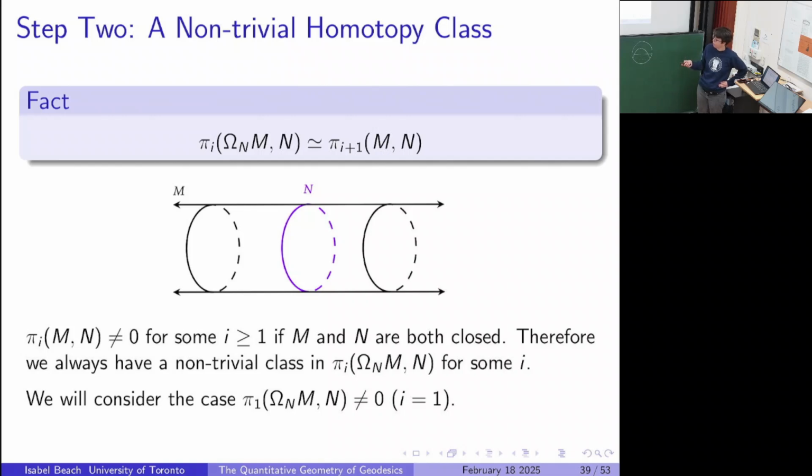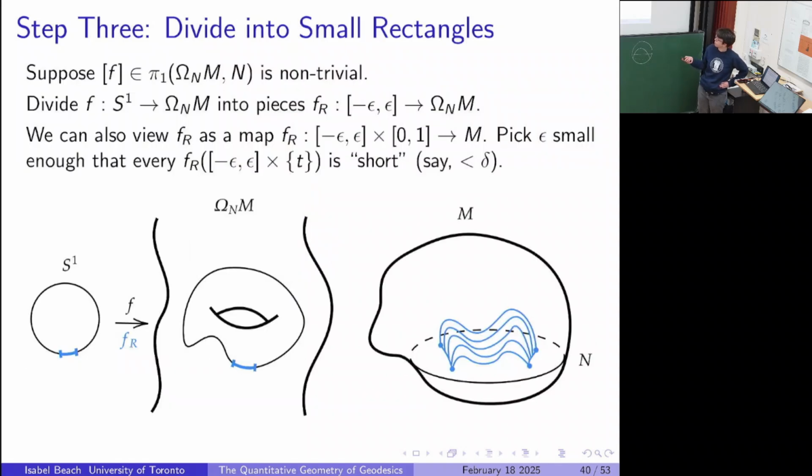And in the pictures that follow, I'm going to assume that the fundamental group is non-trivial, so I'm just going to draw everything in one dimension. So I'm going to have some one-dimensional non-trivial homotopy class represented by f. This is a map of S1 into my path space. So I've got S1 here, mapping into some non-trivial closed curve. And I'm going to divide S1 into little intervals of size 2 epsilon.